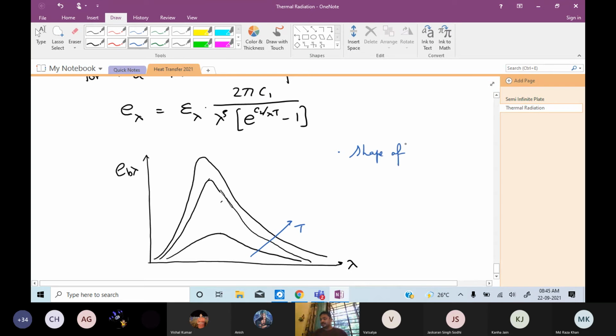Remember the similarity analysis that we did, similar to that. The shape of the curves are similar in the sense that the emissive power goes to a maximum value and then tapers down.